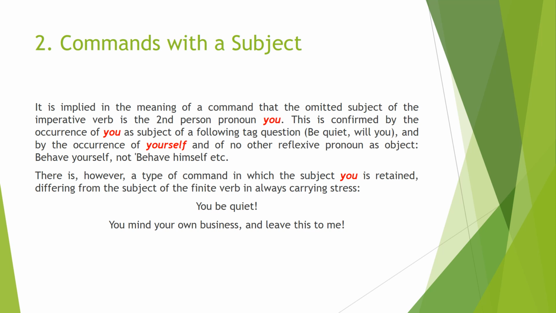We can confirm this if we add a tag question. You remember before we studied how to make a tag question. We said tag questions consist of the auxiliary followed by the subject, which should be a pronoun that refers to the subject of the statement we are attaching the tag question to. So here, for example, if I have this command, be quiet, and I want to attach a tag question, I'm going to choose an auxiliary. The auxiliary is will, because I want you to be quiet in the future.